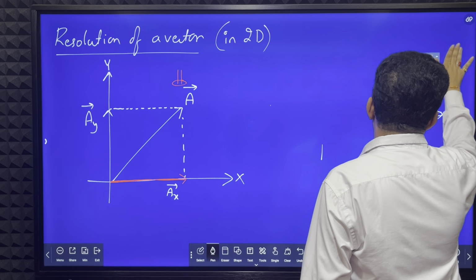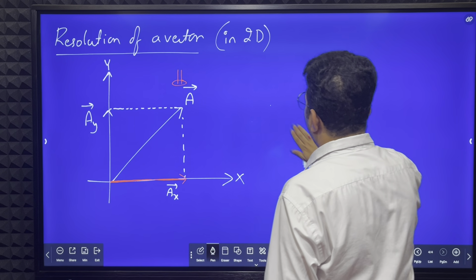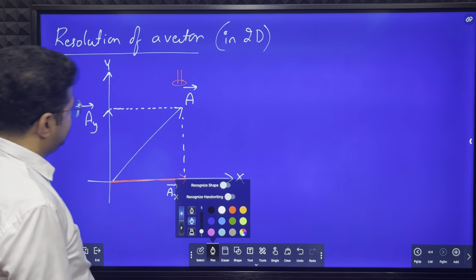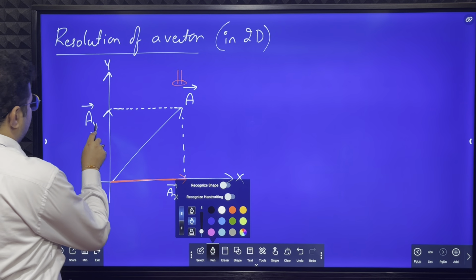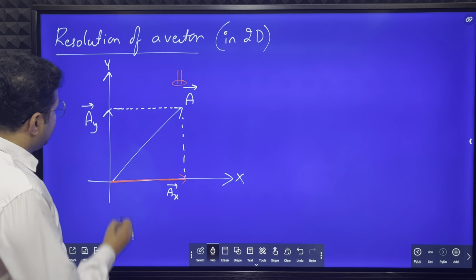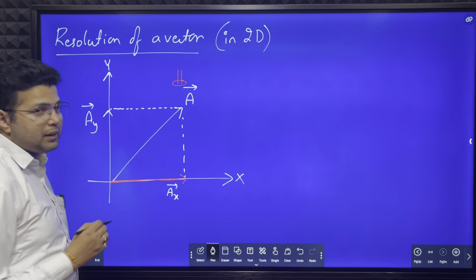And we have resolved this vector A into two components. One is the vertical component, one is the horizontal component. The angle between these two components is 90 degrees.